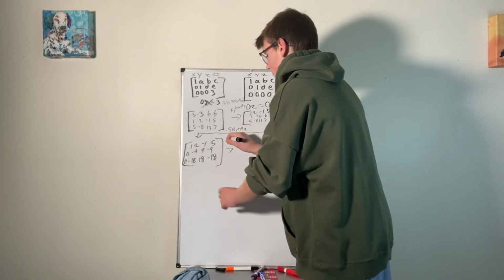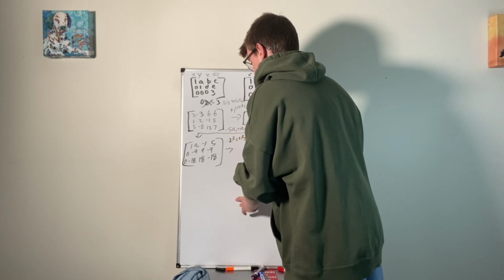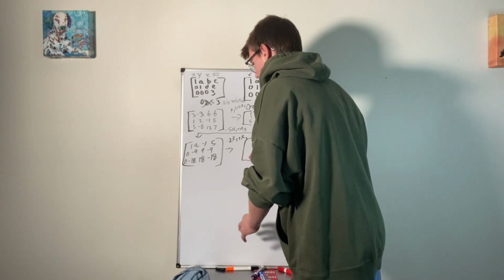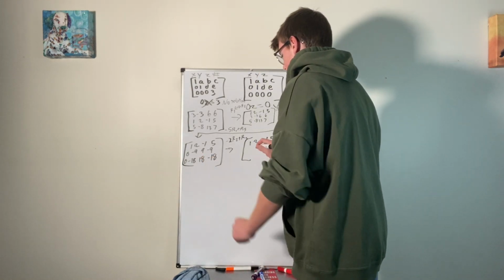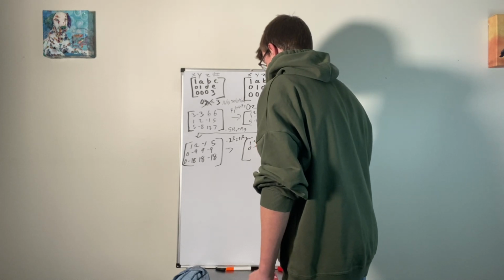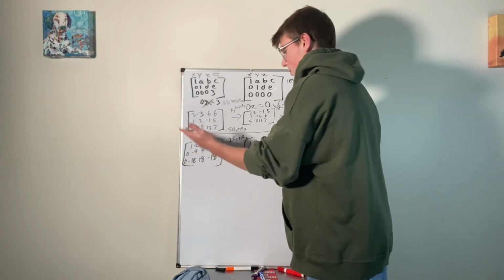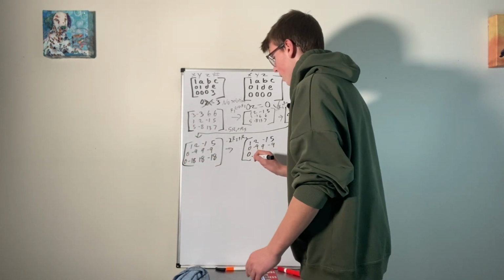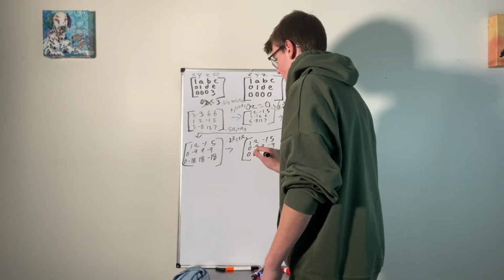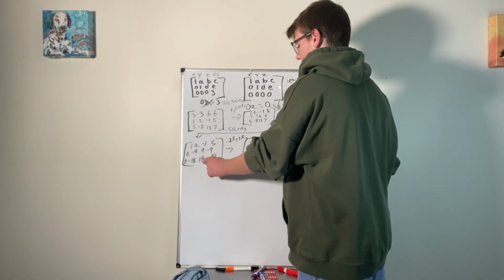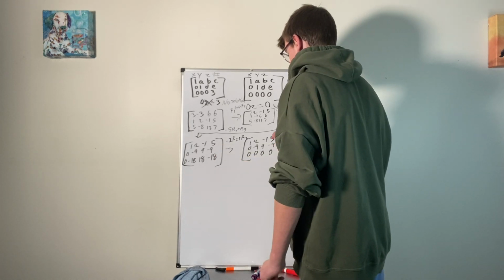If we did negative 2 row 2 plus row 3, we get 1, 2, negative 1, 5, then 0, negative 9, 9, negative 9. Now, 0 times negative 2 is 0, so we get 0. Then negative 2 times negative 9 is 18, plus negative 18 is 0. This would be negative 18 plus 18 is 0. This would be 18 minus 18 is 0.